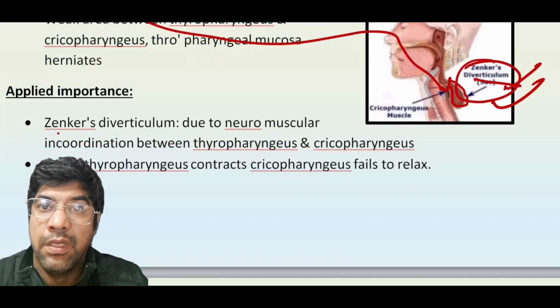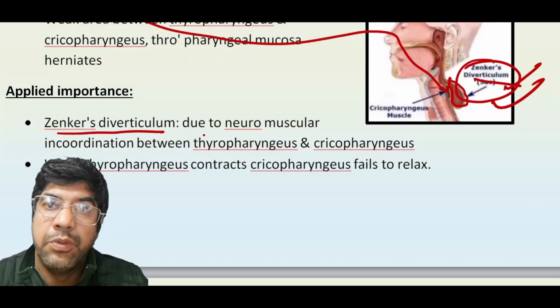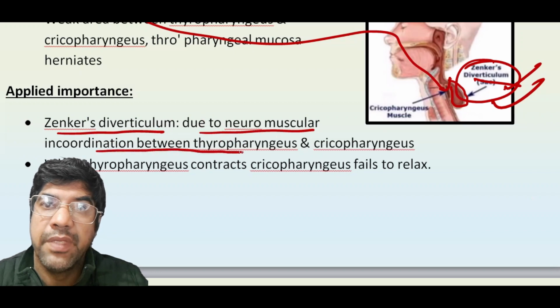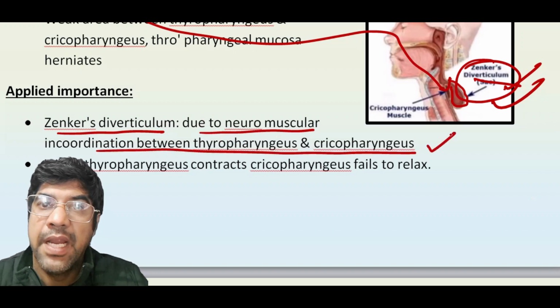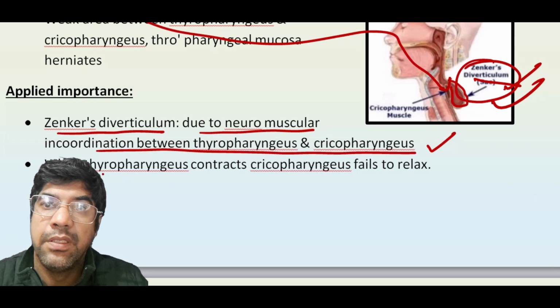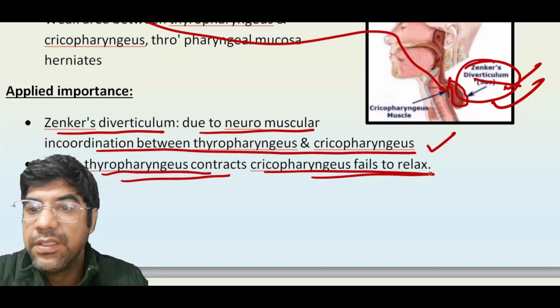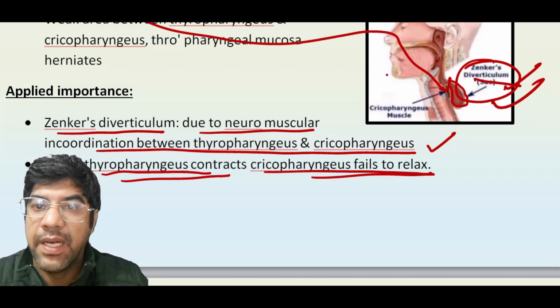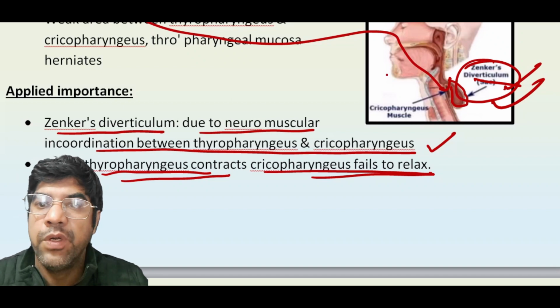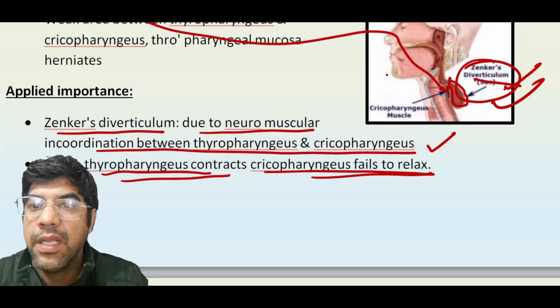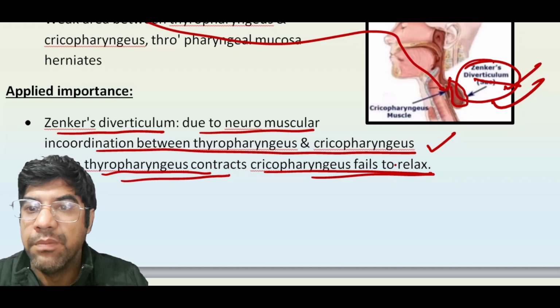So remember, Zenker diverticulum occurs due to neuromuscular incoordination between the thyropharyngeus and cricopharyngeus muscles. When the thyropharyngeus contracts, the cricopharyngeus fails to relax. If the cricopharyngeal muscle fails to relax properly when the thyropharyngeus contracts during swallowing, the food bolus can be pushed backward, leading to formation of a diverticulum.